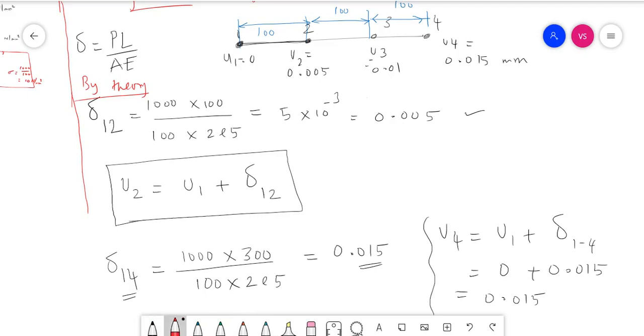Which is the same solution we got here. So this is also checked. Now this is how you should check once you finish the solution using finite element method. You should check for the accuracy of the solution using the basic theory which we know.